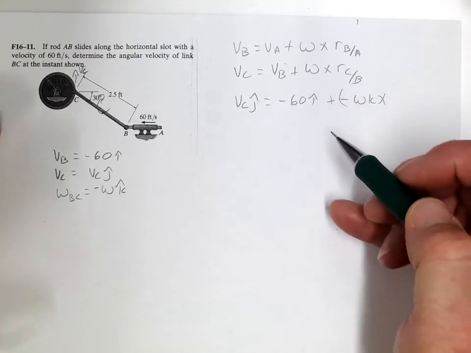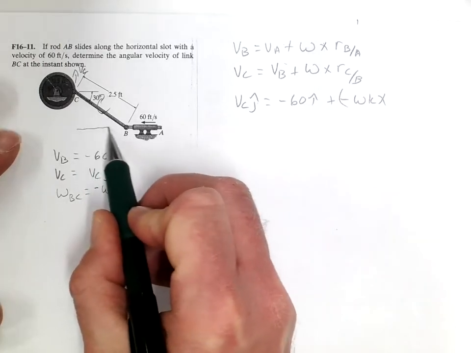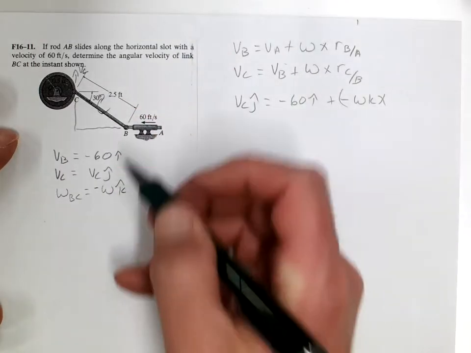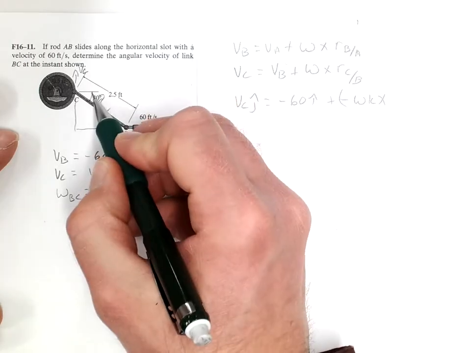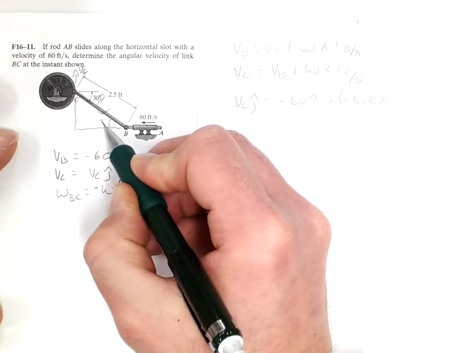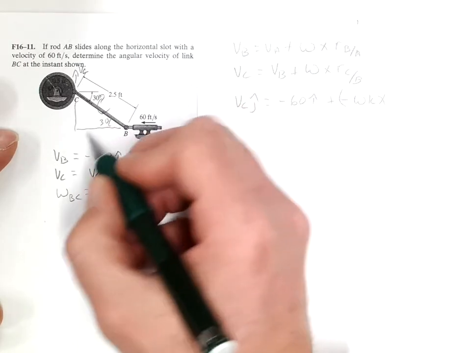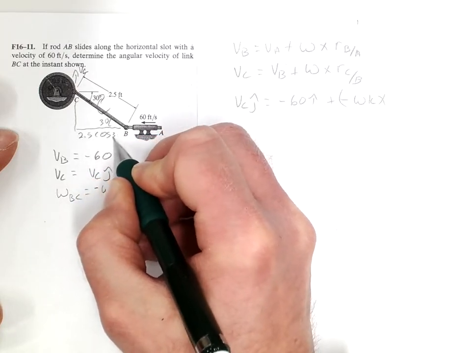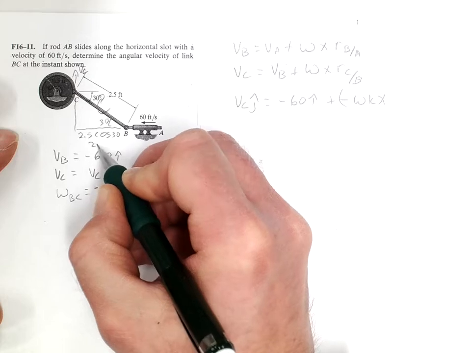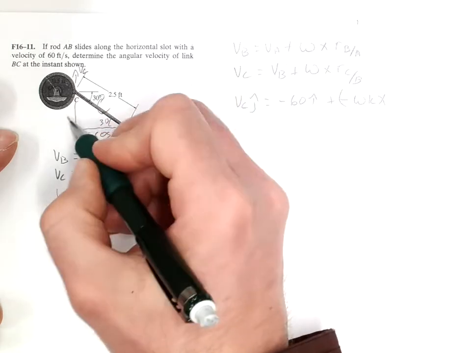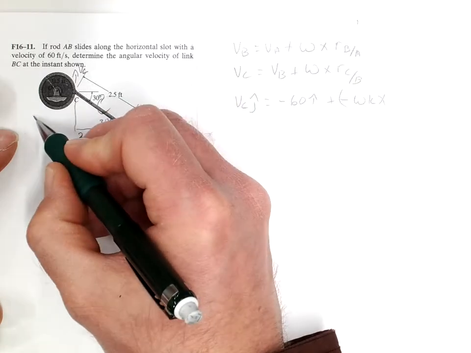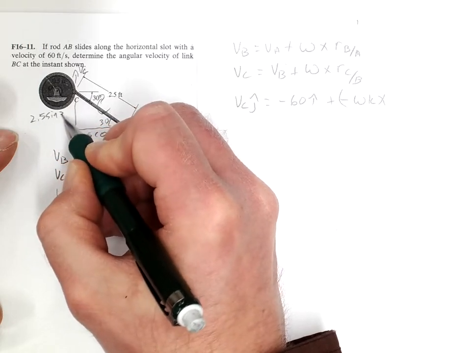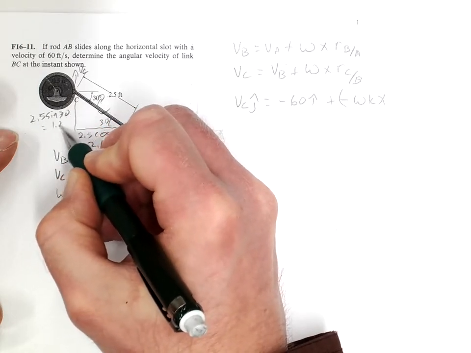RCB. So RCB is this distance and this distance. Now if that's 30, then this is 30. And this is 2.5 cosine 30, or 2.165. And this one is 2.5 sine 30, which is equal to 1.25.